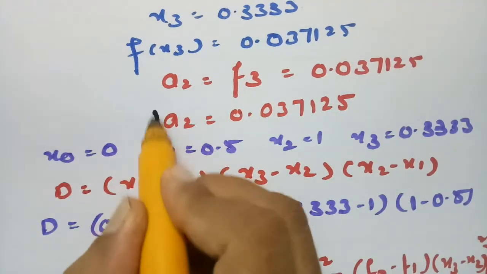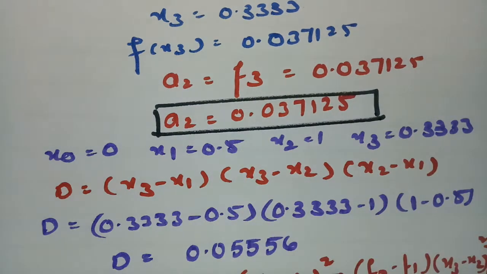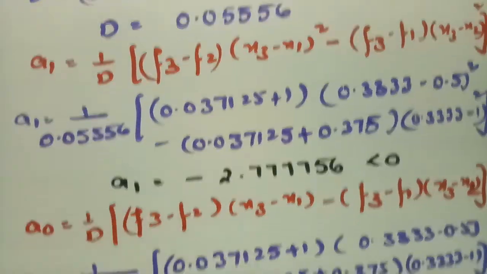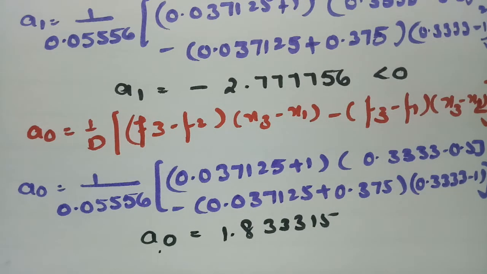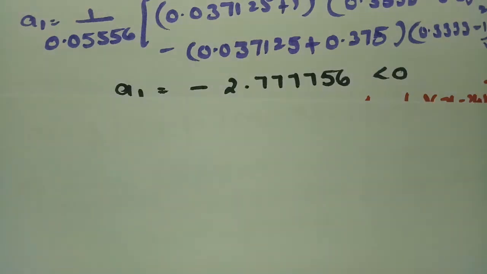So A2 value is ready. This is our A1 and this is our A0. After getting A0, A1 and A2, next we need X4. What is X3? We know already that X3 is nothing but 0.3333, and f of X3 is also ready with us. So we need the X4 value.